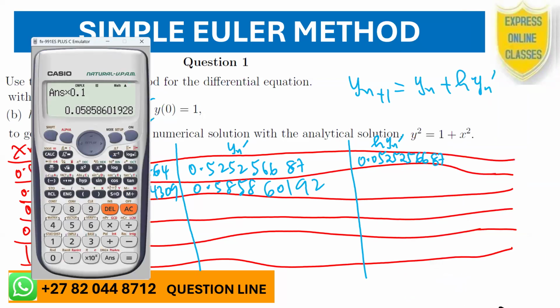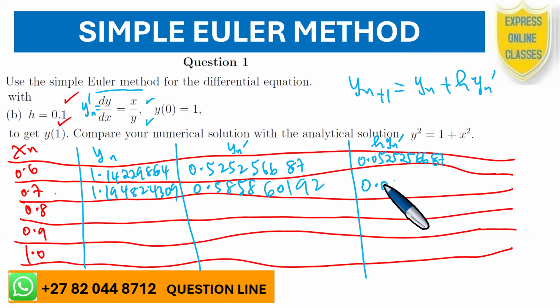You have 0.0585860198, so you put it here.